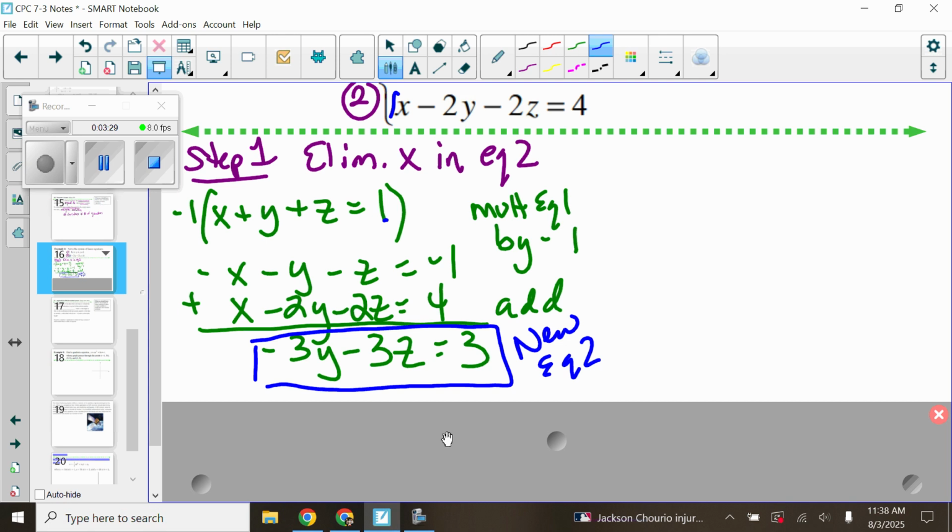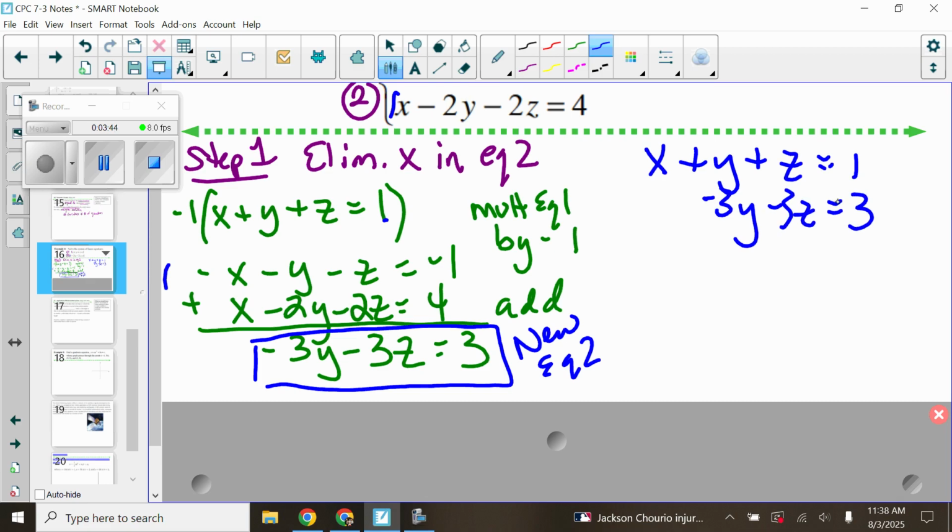So now my system of equations, I'm down to, I have an x, a y, and a z in equation 1. And then I have a -3y minus 3z. Sorry, I'm trying to write with my pen on my touchpad here, so it's kind of crazy. We have our new system of equations, our equation 1 and equation 2.